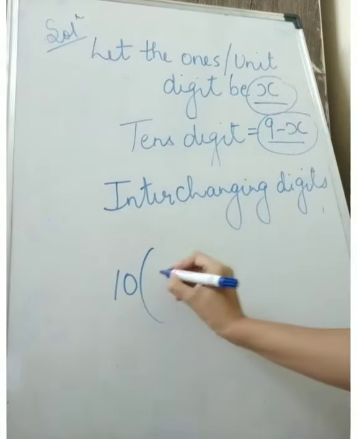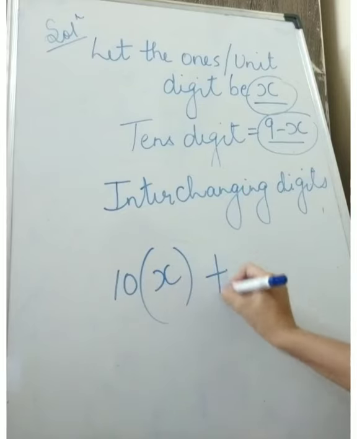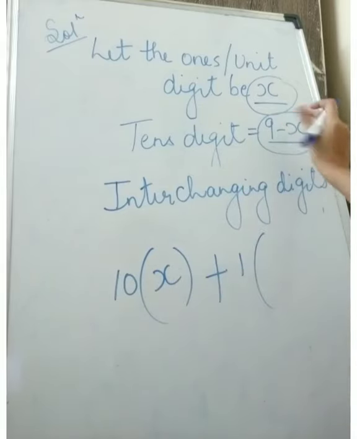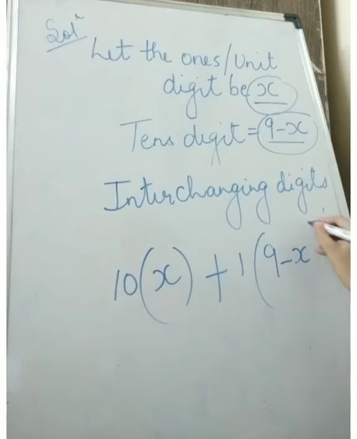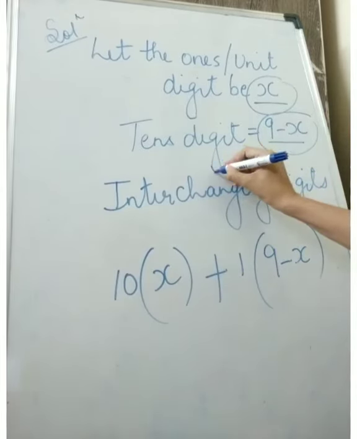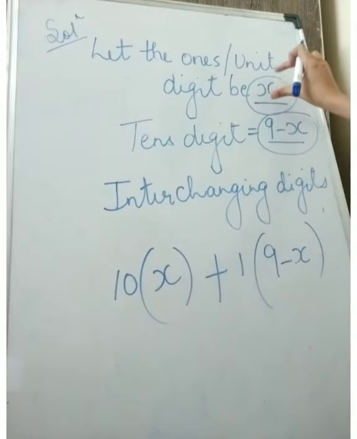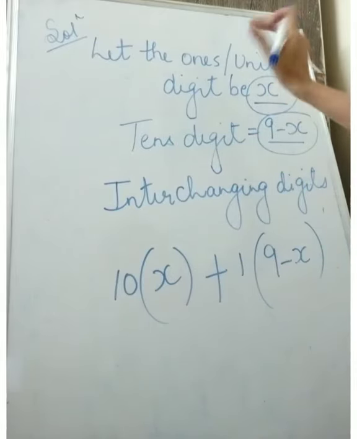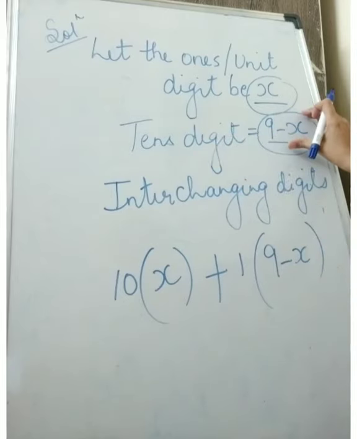So now I will multiply by 10. Now this is ones, so it will become tens plus ones. This will become ones. This was the original number; I have already explained how to find the original number. Now interchanging means x, which was in ones place, goes to tens place, and 9 minus x, which is in tens place, goes to ones place.